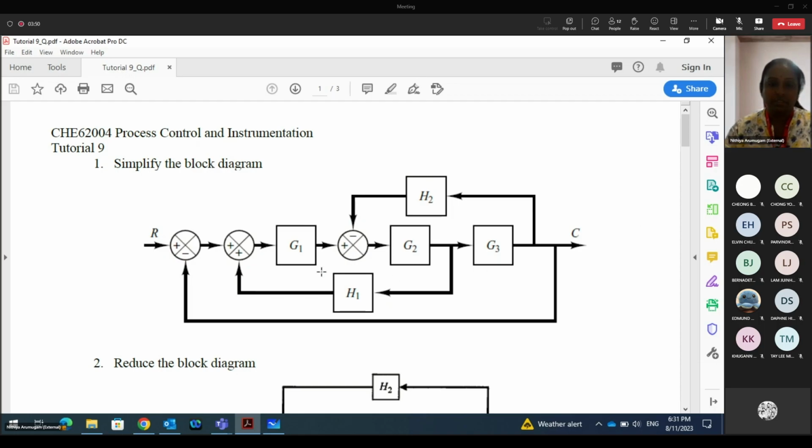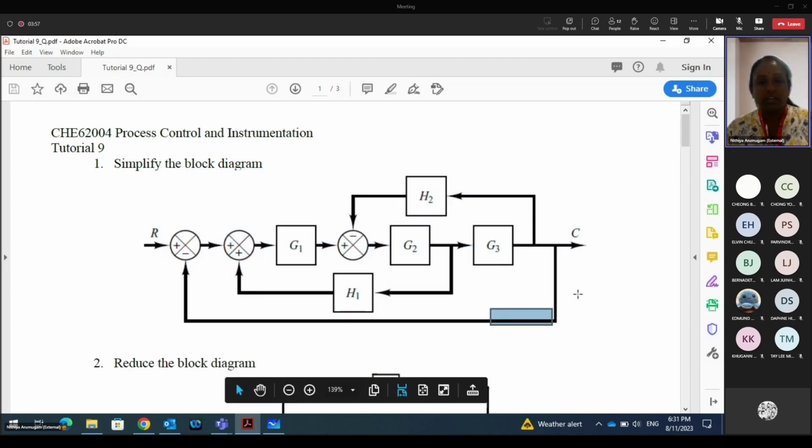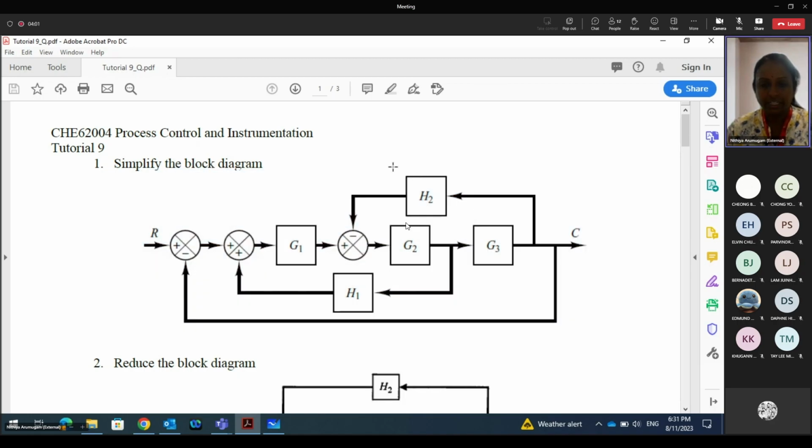One is the H1 loop, and the second one is this loop, but it is not labeled here. And another one is outside the positive feedback, on the other side of the common feedback loop that we always draw.